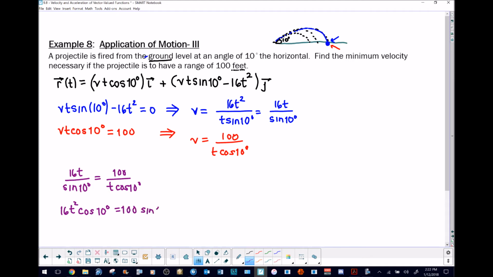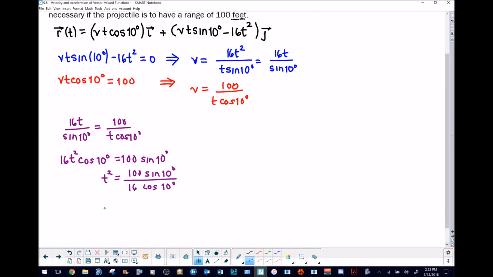And if we want to go ahead and solve this for our t, it wouldn't be too tough to do. Initially, we'll just divide by 16 cosine 10 degrees. And then, of course, we're going to have to end up taking the square root of both sides to finish this off.